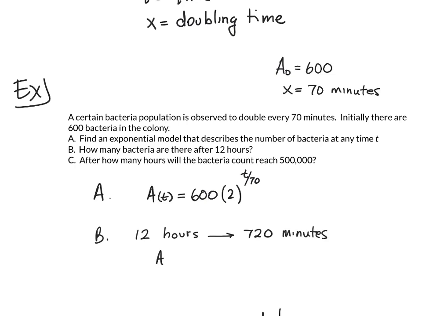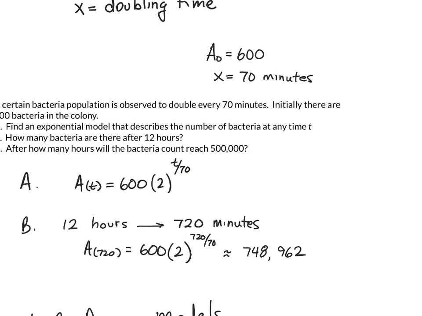Then the amount after 720 minutes is going to be 600 times 2 to the 720 over 70. This is just something to plug into a calculator. It turns out there are roughly 748,962 bacteria after 12 hours.